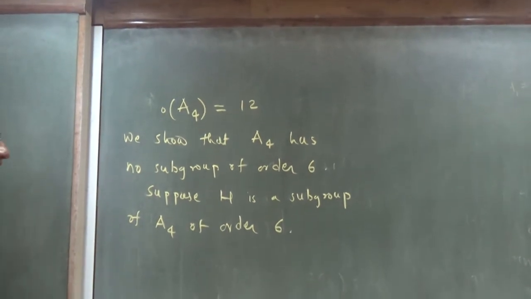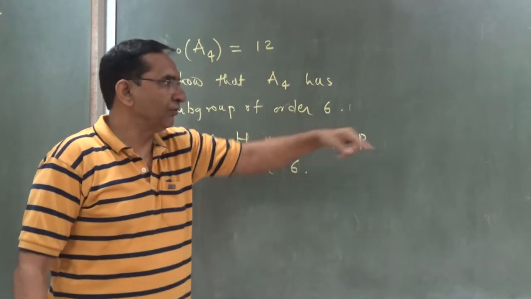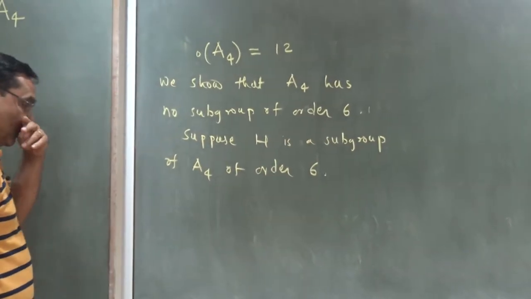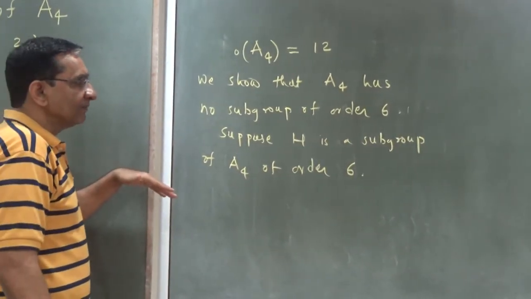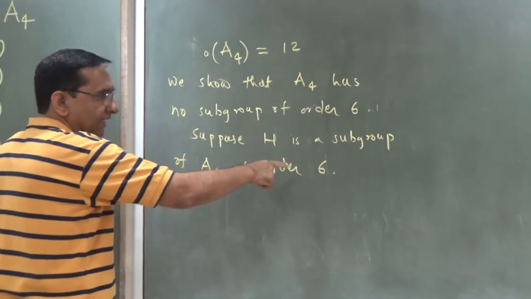Now, the way we wrote those rows in the array in the proof of Lagrange's theorem, how many rows will be there if we consider H? H has order 6.